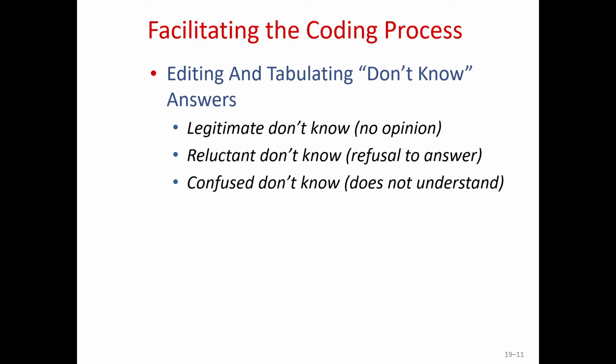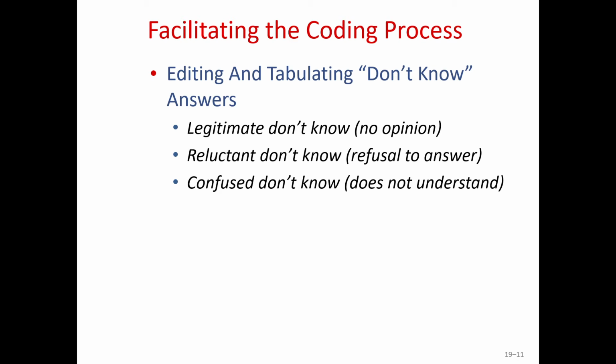Don't know answers: how can we edit and tabulate these? In many situations, respondents answer don't know. On the surface, this response seems to indicate unfamiliarity with the subject matter of the question, and then a legitimate don't know response is the same as no opinion. However, there may be reasons for this response other than the legitimate don't know.